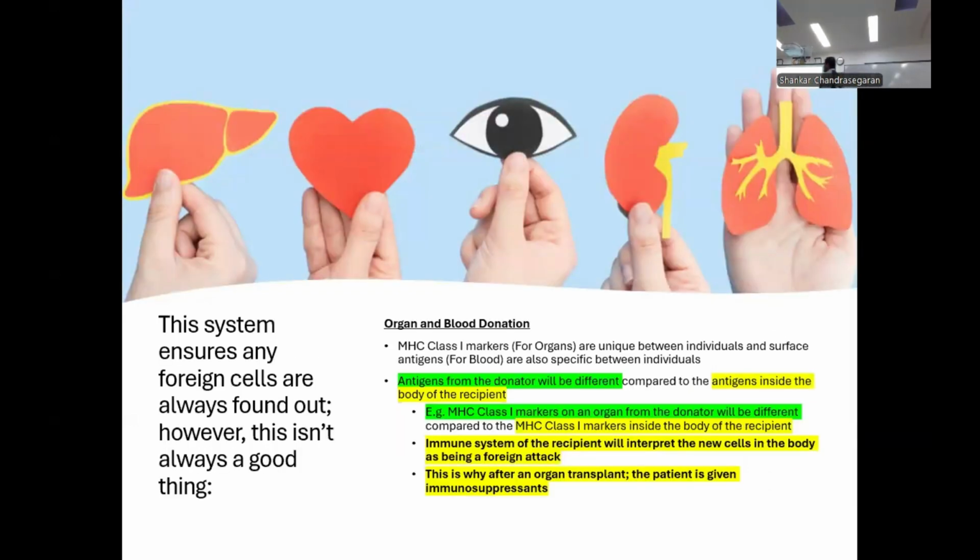So this system of ensuring any foreign cells in our body are always found out isn't always a good thing, right? Sometimes we actually want foreign cells in our body. A few examples are organ and blood donation. One thing to note here is that even with blood donation, we still have to worry about antigens, even though they're not nucleated cells.